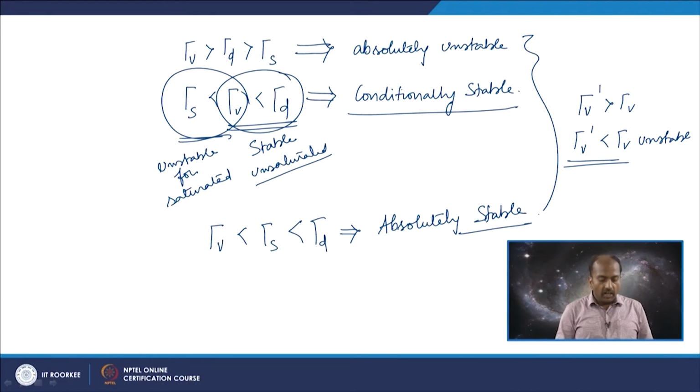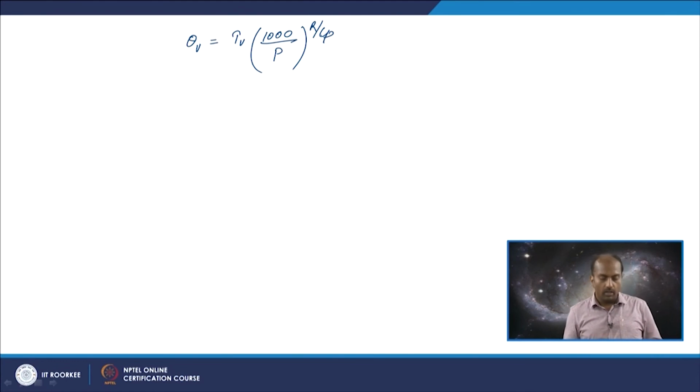We can also rewrite these conditions of stability in terms of potential temperature, whose derivative we have already dealt with. The virtual potential temperature theta v is Tv times (1000 by P) to the power R by Cp. So far we have defined conditions of stability in terms of temperatures; we will now define them in terms of the potential temperature.